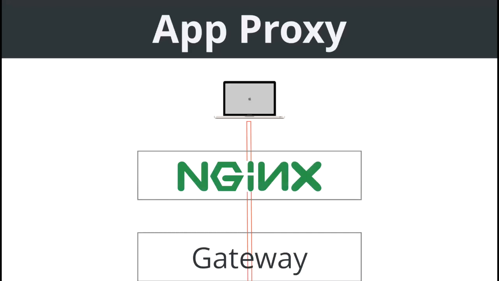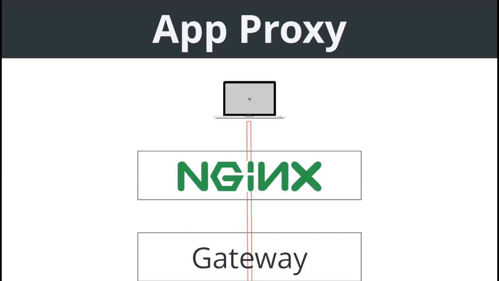So Nginx doesn't talk directly to your application. There's this gateway in between. There's always this middleman between your code and a web server, even if it's Nginx or Apache, anything. And I'm just calling it a gateway here, but typically there is something that can accept a request from your web server, Nginx in this case, do some stuff to it, and then pass it off to your code.